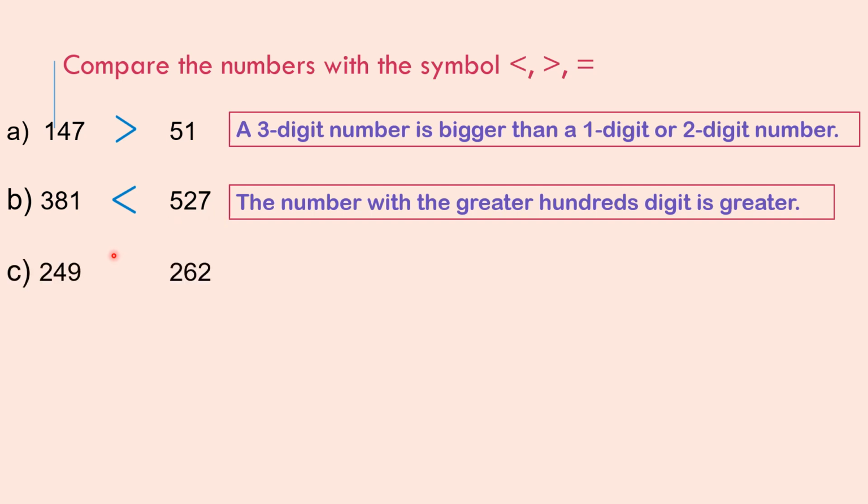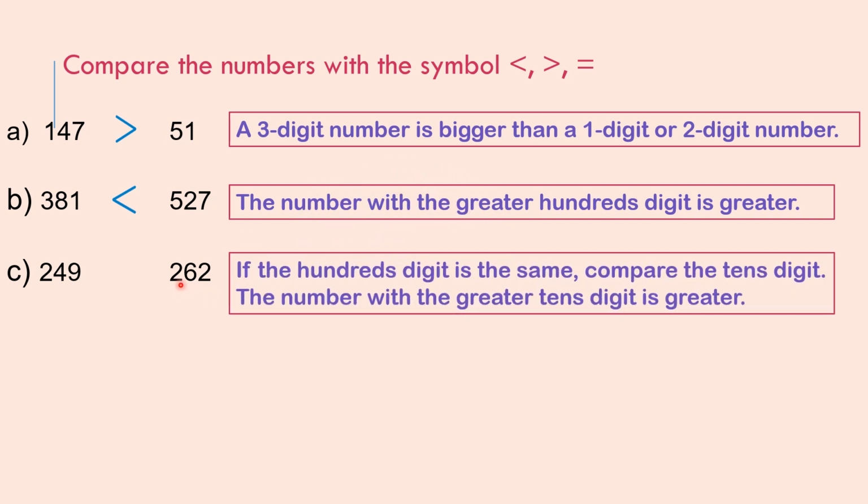Let's see the next one. 249, 262. Here if you observe, the hundreds digit is same. If hundreds digit is same, compare the tens. Next digit will be tens, so we are going to compare them. 4 and 6 in the tens. If 4 and 6 are compared, 6 is the greater number.